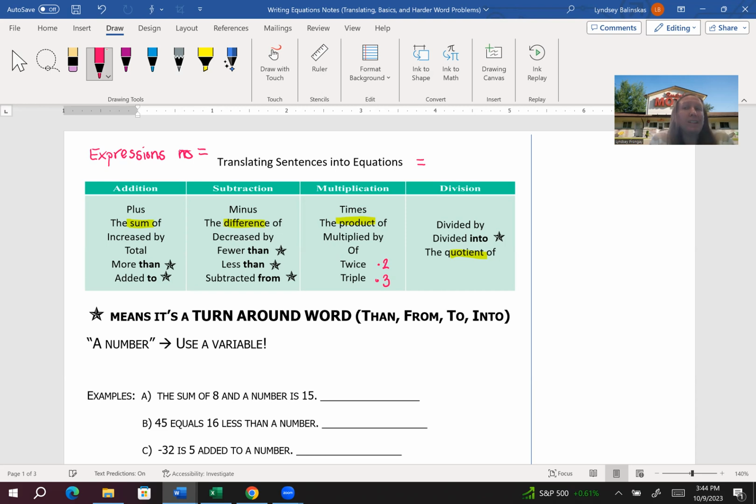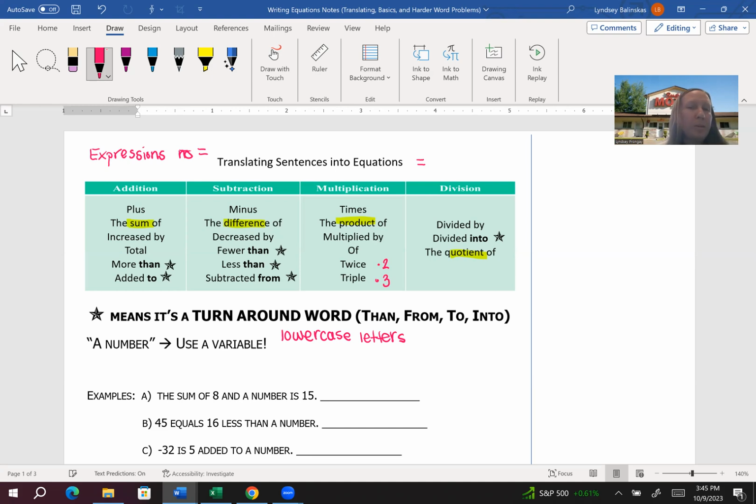Also, when we see the words a number, that does not mean you get to choose your favorite number. That is when you're going to use a variable. Now with variables, we need to make sure we are using lowercase letters. When you guys were solving equations, I did see some capital ones, but variables really should be lowercase letters. When it's a number, you can choose whatever variable you want.